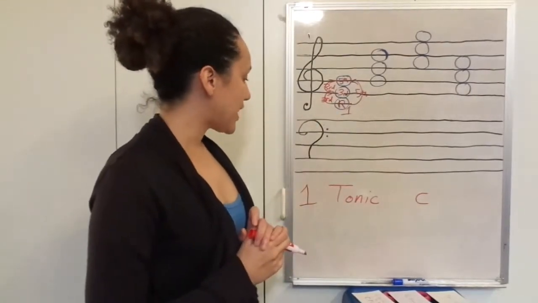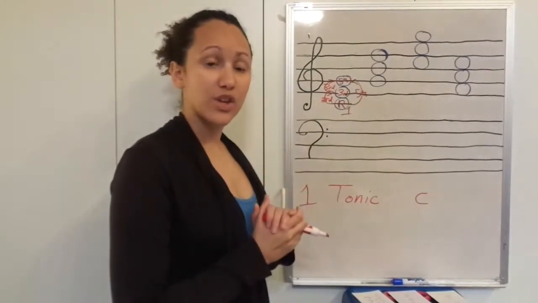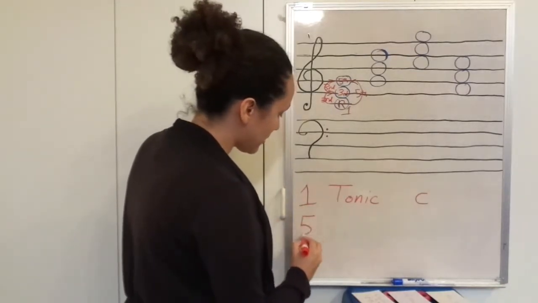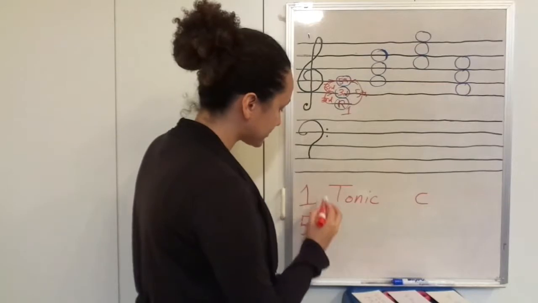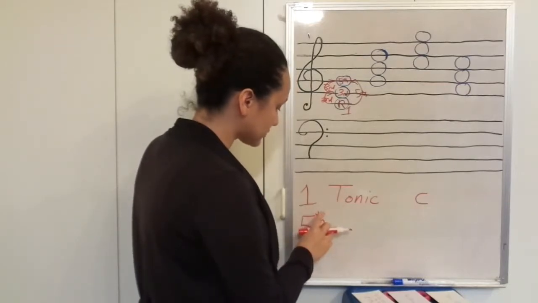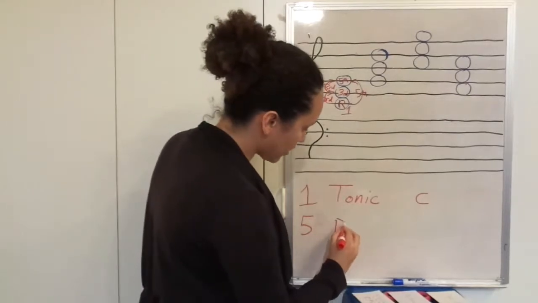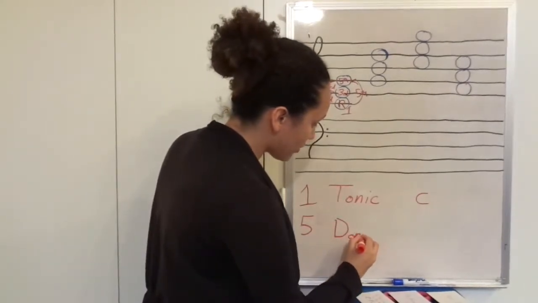So tonic is the one chord, and the key is C major, it would be C. And then you would have the fifth, and this is what we call the dominant. So we go fifth above, or the 5 chord, and this is what we call the dominant.